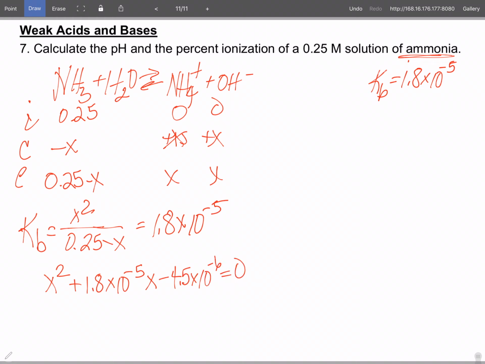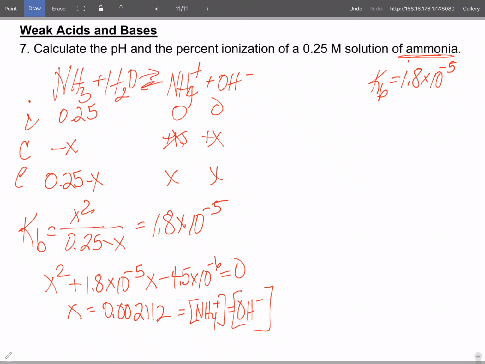Now, somebody may have figured out, wait, that's not four significant figures. It actually is, because when you multiply 0.25 by 1.8, you get that value. So your X value comes out equal to 0.002112, which is the ammonium ion and the hydroxide ion concentrations.